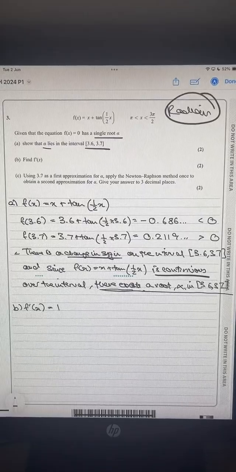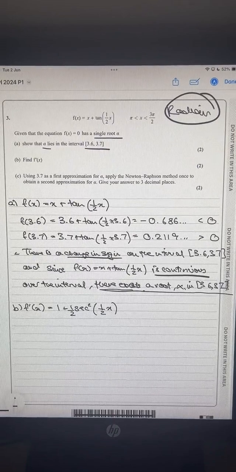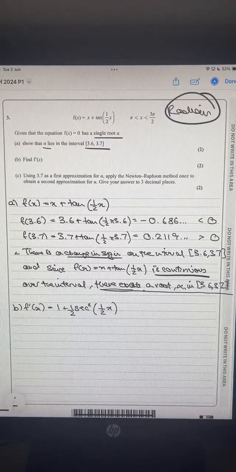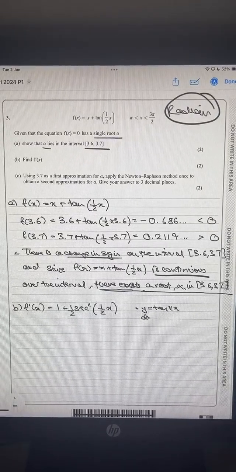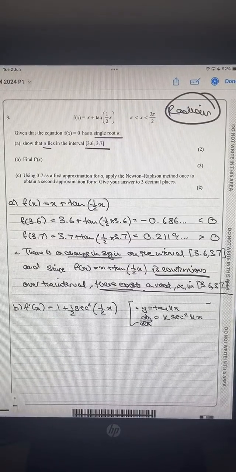And then if we differentiate this, we get plus a half sec squared of half x using the chain rule, because tan kx differentiates to k sec squared kx, and then the k is a half here, so that's just outside. Very nice. So I'll just put the rule here if you want. So if y equals tan of kx, dy by dx is equal to k sec squared of kx. So that's the rule I used.